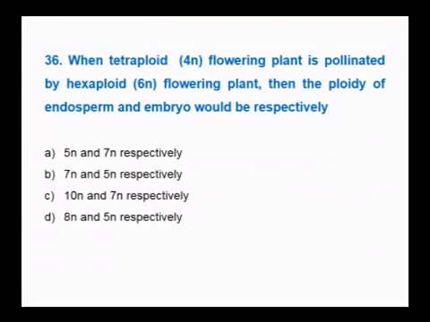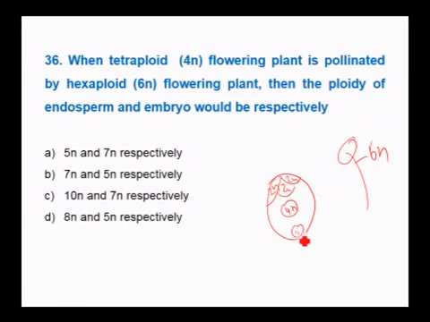Next question, when a tetraploid flowering plant is pollinated by a hexaploid, the pollen grain is 6N hexaploid, whereas the female plant is 4N. So the haploid number should be 2N. Here the secondary nucleus is 4N, egg is 2N, synergids are 2N, whereas pollen is half of this, 3N. So you have to read the question properly.